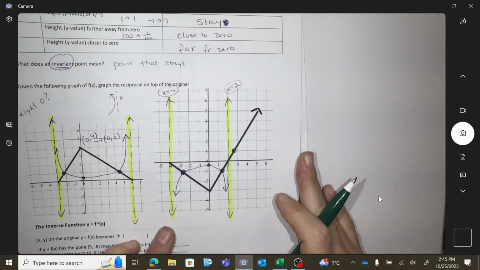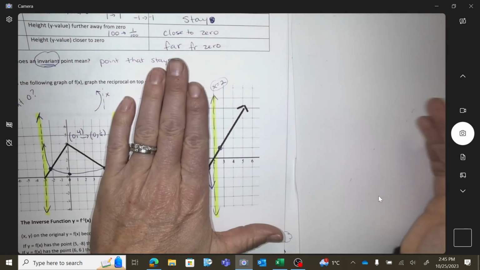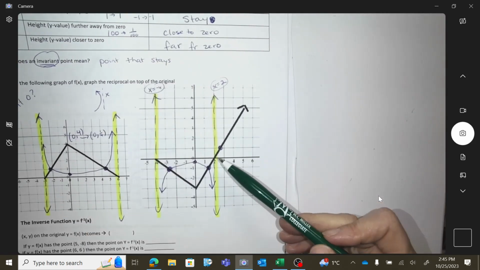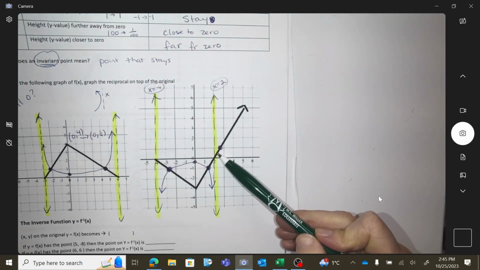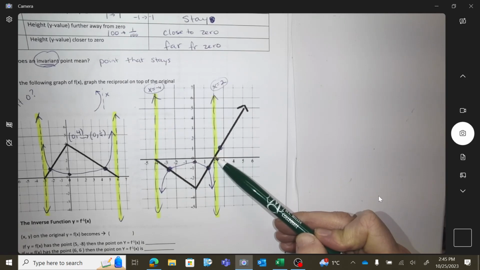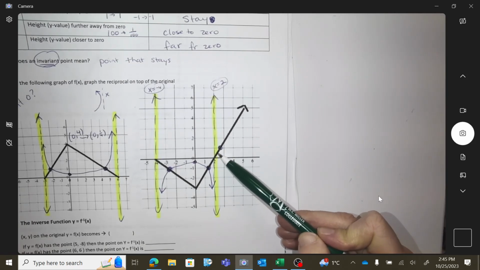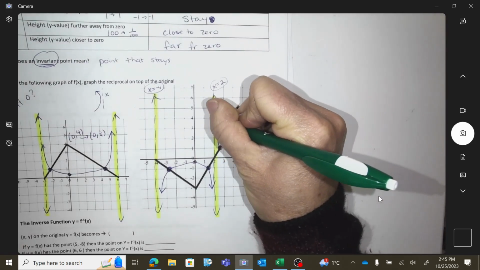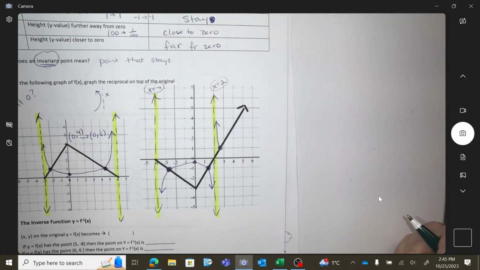Okay, now I'm going to jump to this section. Here's what I'm going to talk about first. Just this little portion from here to here. What's happening in this section? I'm getting closer to 0 right here, so I should show you now going away from 0.